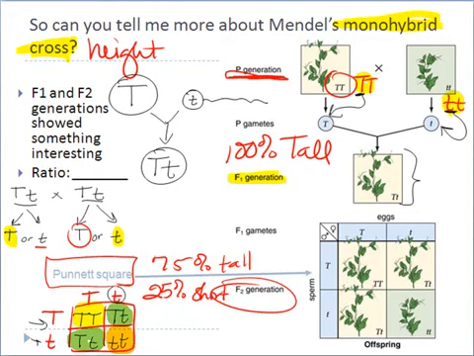And what that means is these three individuals all will have a phenotype that appears tall. This individual will appear short. We get a 3-to-1 ratio of tall to short. He found this time and time and time again when he did monohybrid crosses.